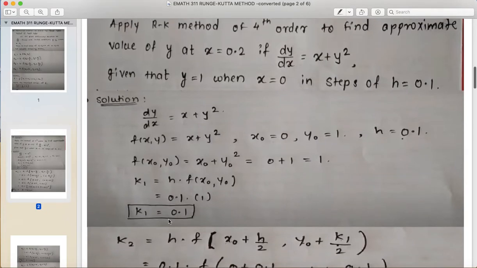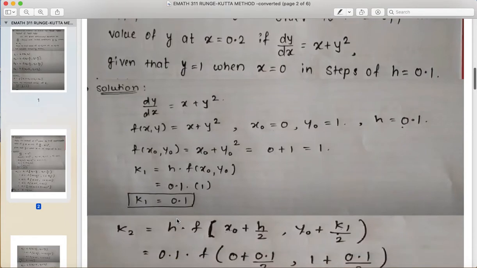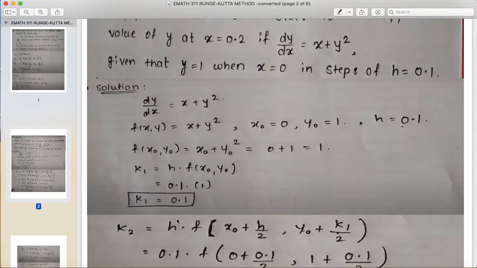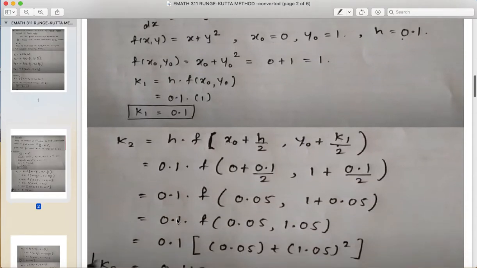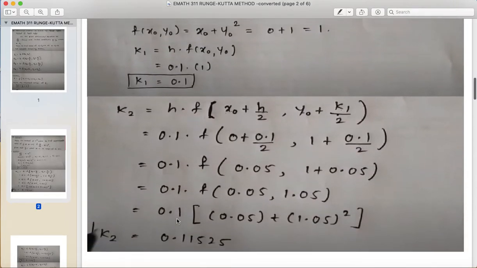So we find that k1 is equal to 0.1. Next we need k2 as well. Since this is fourth order, we need to proceed to the second equation.